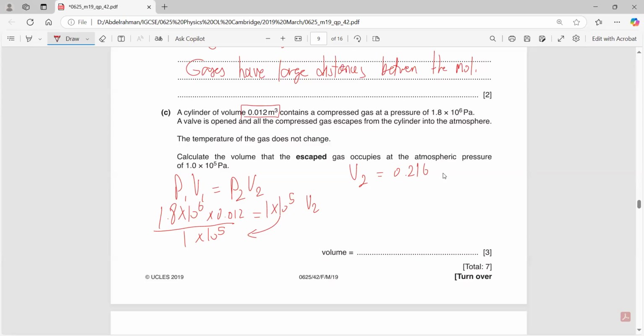You need to subtract: 0.216 minus the initial volume 0.012. This will give you a volume of 0.204 meters cubed. This is the final volume of the air.